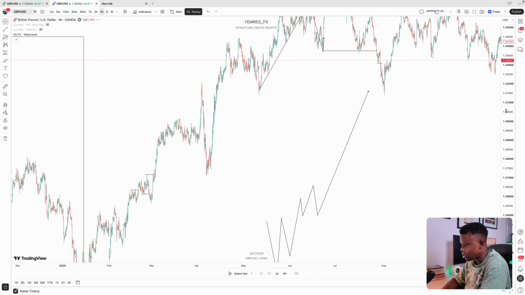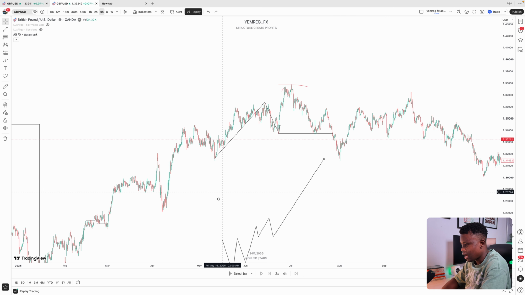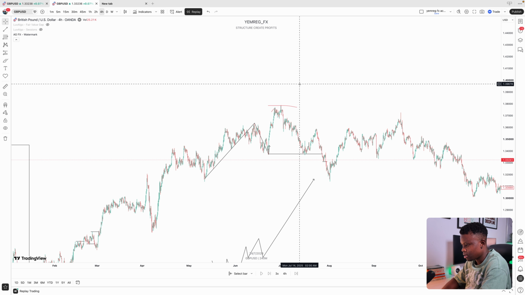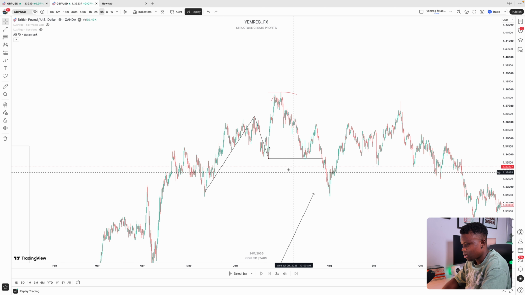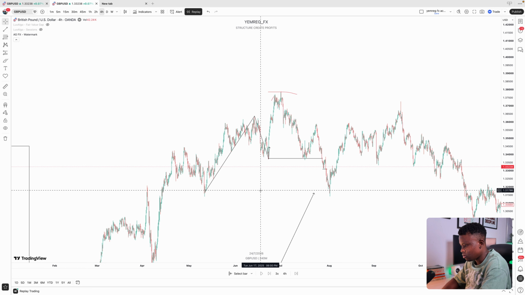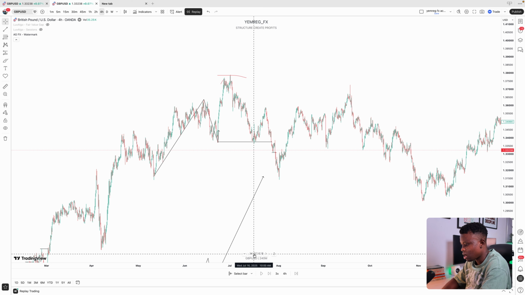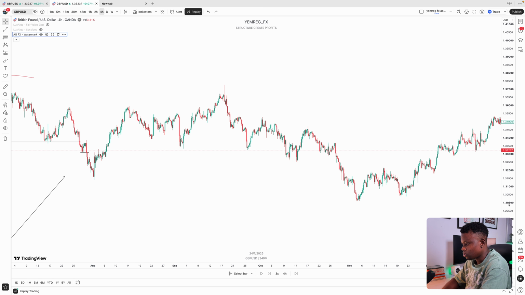If we were to look at where the chart started from, this is January and this is July, so this is months' worth of data. If I'm to be looking for setups, I won't be doing it this way. So this is just for you to practice how markets move, the fractalization of the market, and how to understand directional bias, or how to know where the market is really headed. So that's the thing.